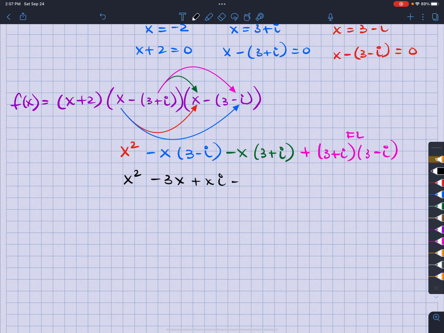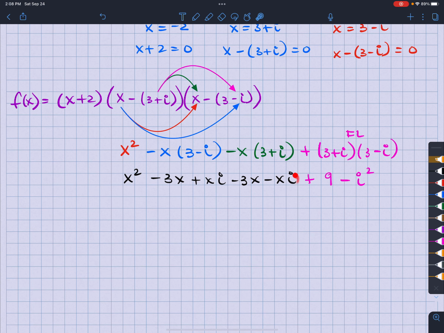And then I got minus 3x minus xi. And then this pink part here that I FOILed is going to be plus 9 minus i squared. Okay, and don't forget what i squared stands for, right? i squared stands for -1. So if I subtract a -1, that means I'm adding 1.